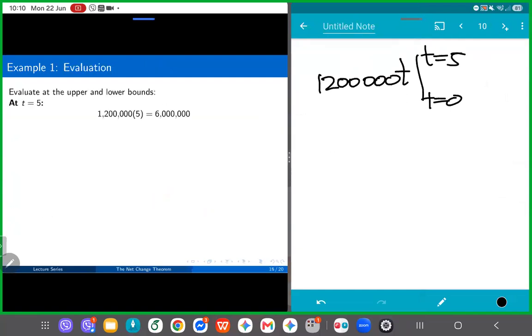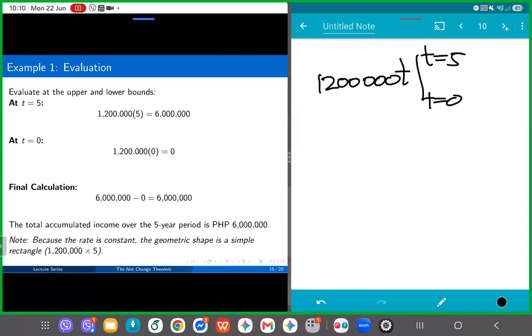When you plug in 5, 6 million. When you plug in 0, 0. So note that the final calculation gives us the net income, the increase in income. 6 million will be the income added to the individual by the end of the next 5 years.